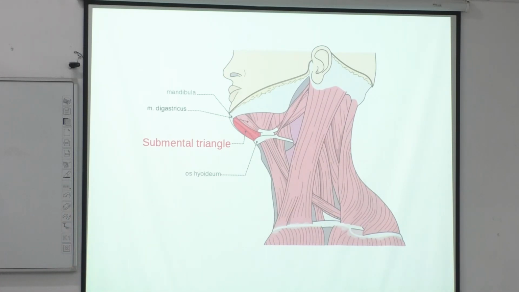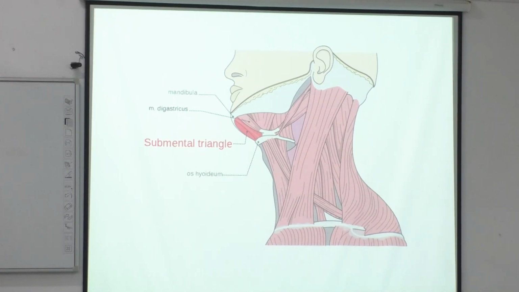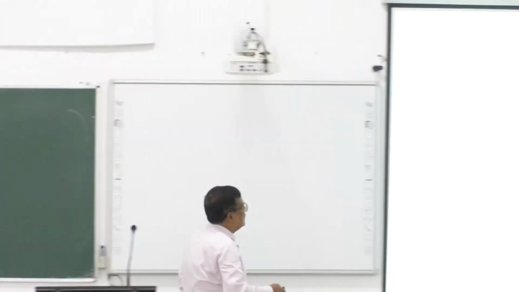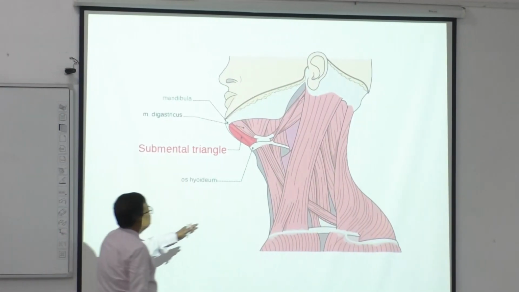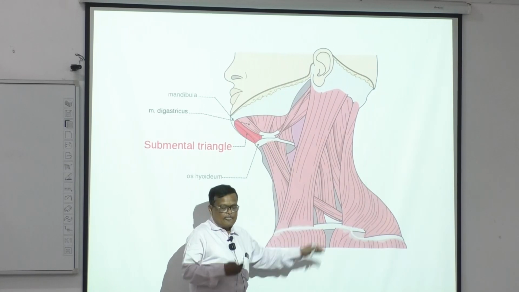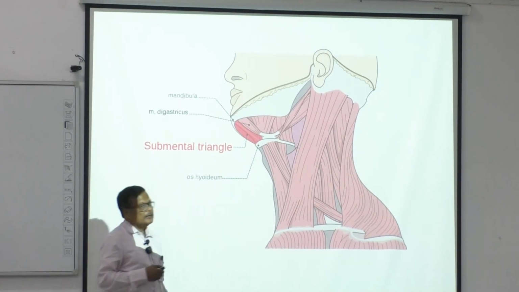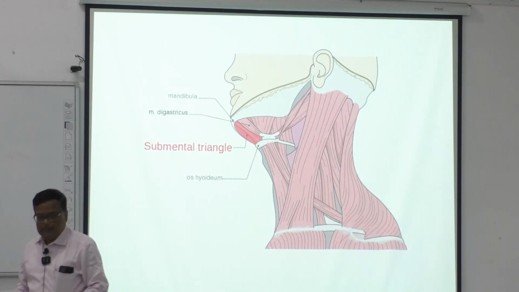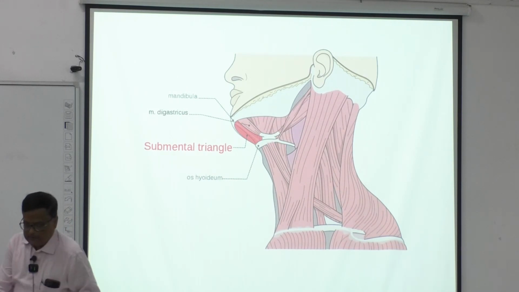The anterior triangle and the posterior triangle are large areas, so we subdivide them into a number of sub triangles. I'll come tomorrow. Thank you.